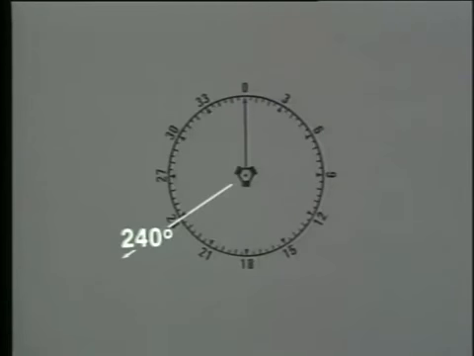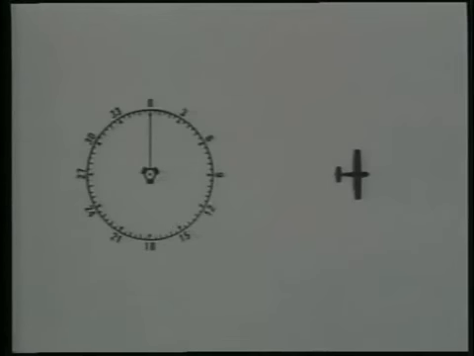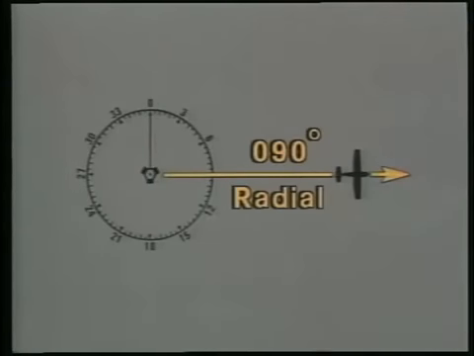Although the number of radials is infinite, only 360 are used. Their directions are indicated by numbers on the outside of the compass rose. Your position in relation to the VOR is usually expressed in terms of the radial on which you're located. Here, for example, the airplane is on the 090-degree radial.